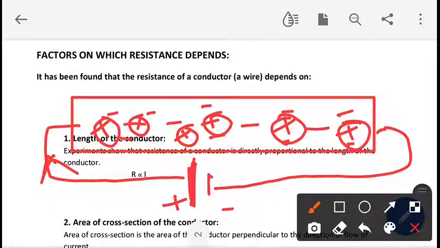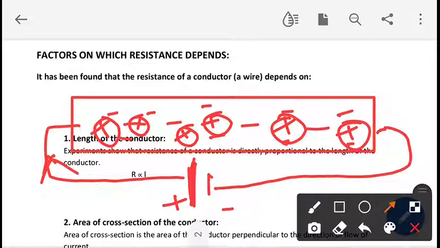And these positive charges travel opposite to the electrons, because positive charges will be attracted to the negative terminal of the battery, and negative charges, meaning electrons, will be attracted toward the positive terminal of the battery.